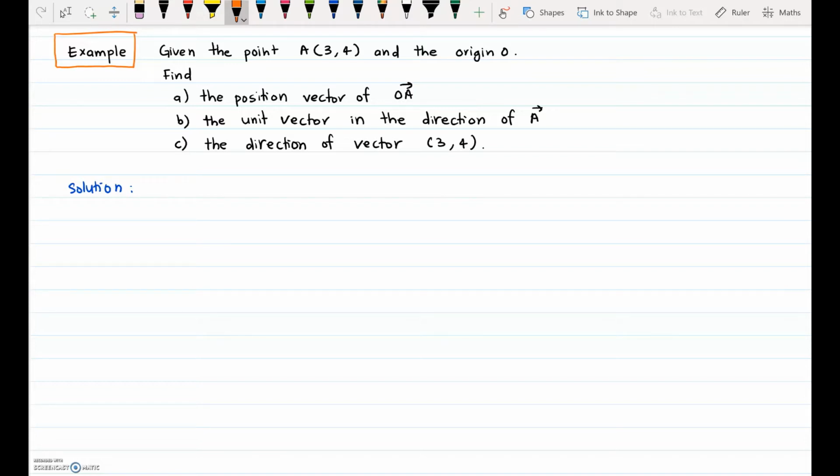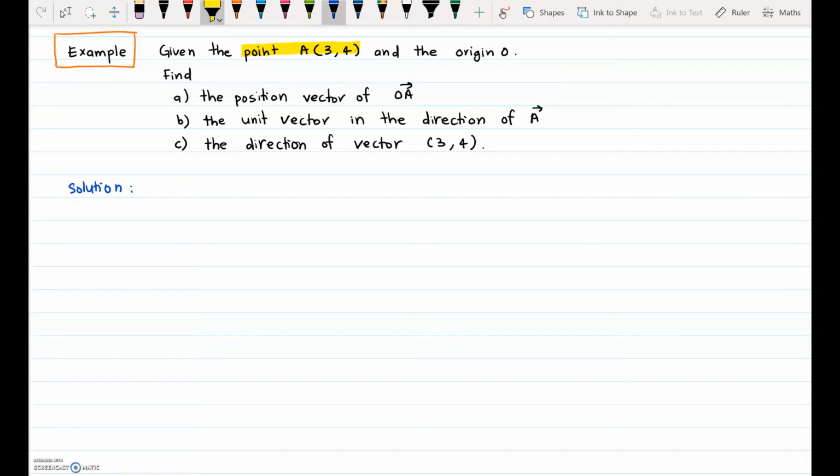Firstly, the given information is that we have a point A, which is (3, 4). When you are given a point A, you need to first consider the position vector of A from the origin, that is OA.